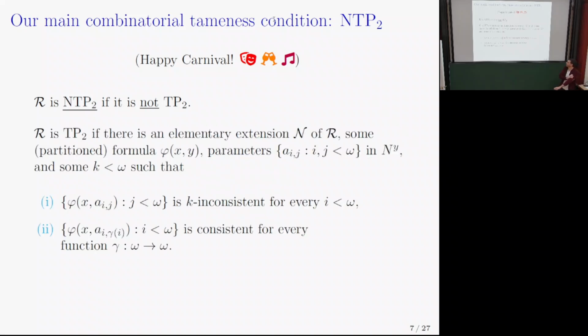So R has the tree property of the second kind if there is an elementary extension N of R and some formula phi(x,y) and parameters indexed by two natural numbers in the extension, and some k, such that first, if we fix the i, then this family of formulas here is k-inconsistent.